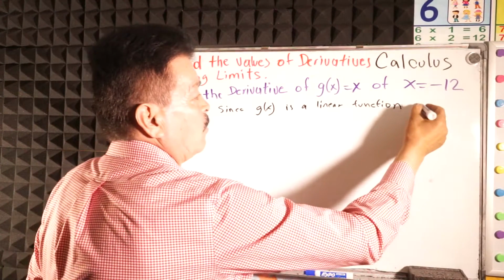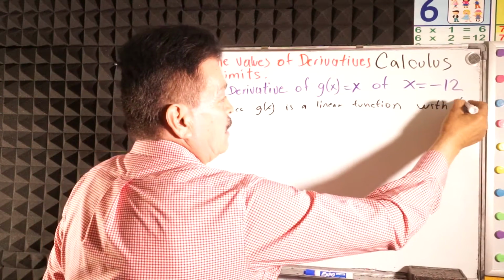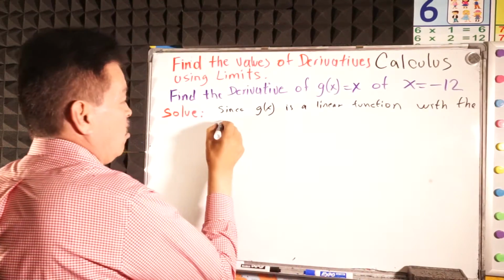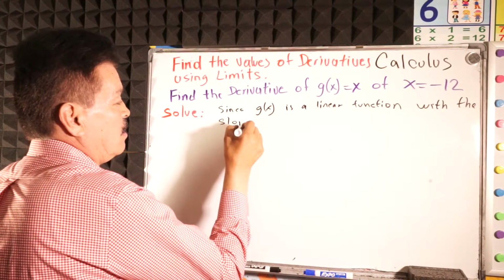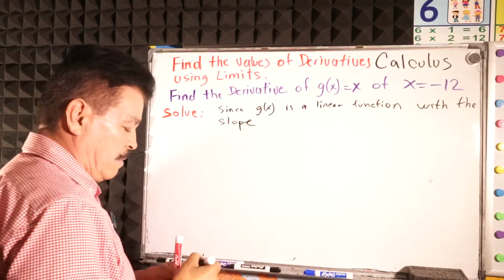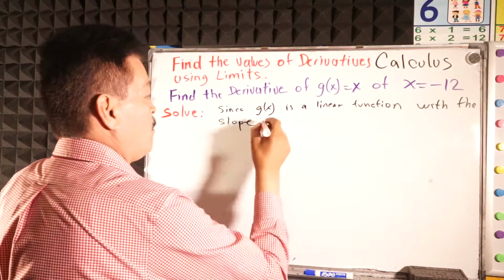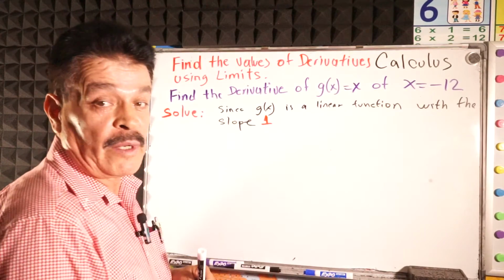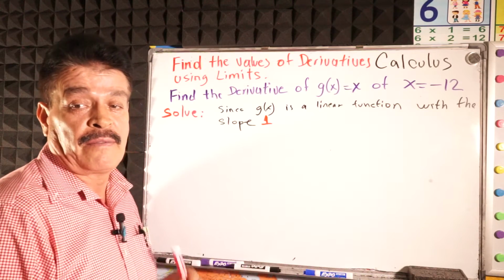Where is the slope here? The slope is 1. Very important. We need it to find the answer.